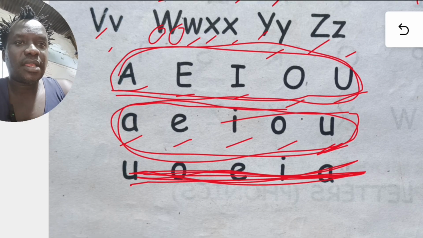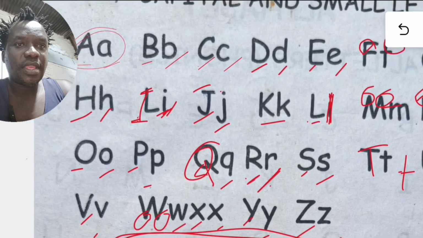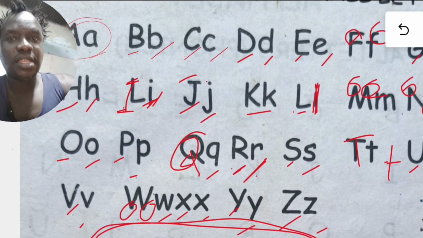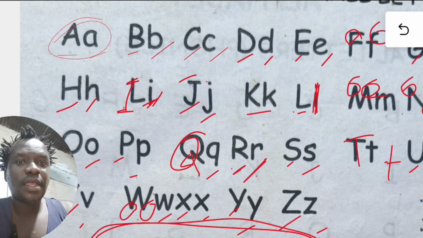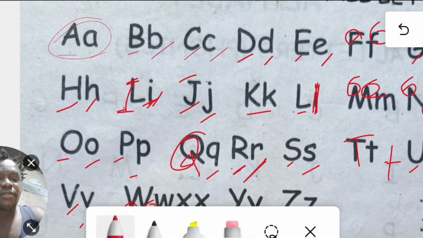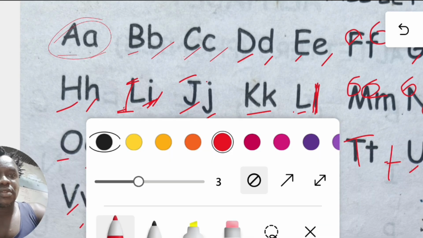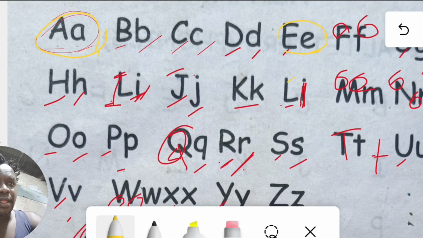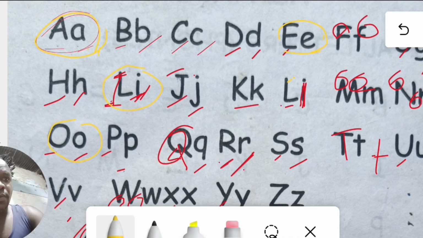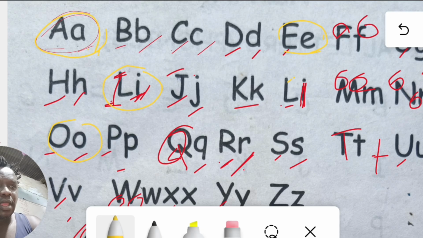Let us go back to the alphabetical letters, and we see those letters that were removed from the alphabetical letters. We have a, e, i, o, and u. These ones that I've circled are the ones which were removed.